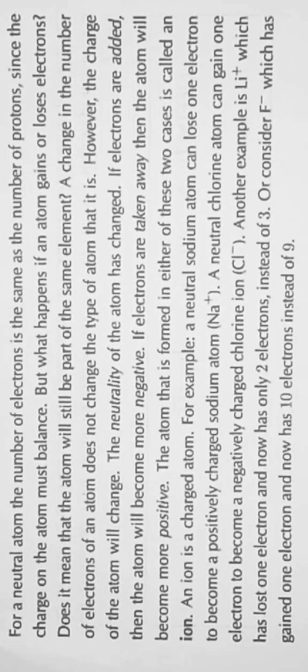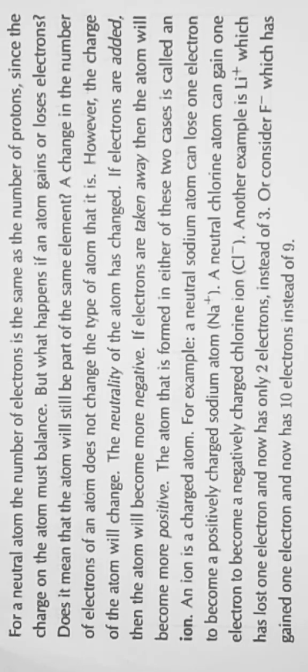For example, a neutral chlorine atom can gain one electron to become a negatively charged chloride. Another example is lithium, which has lost one electron and now has only 2 electrons instead of 3.